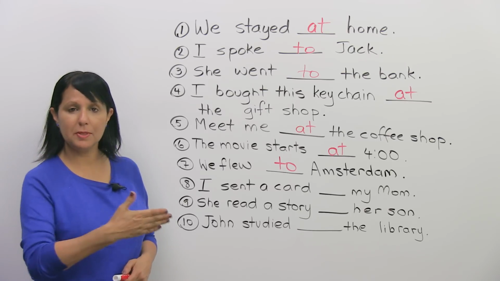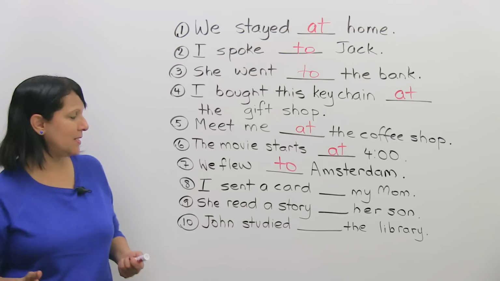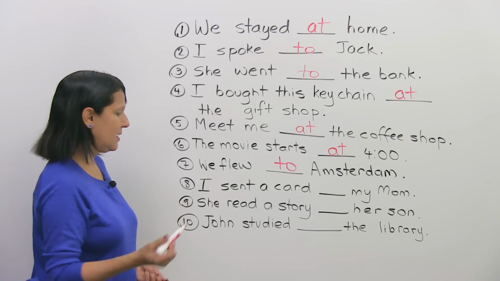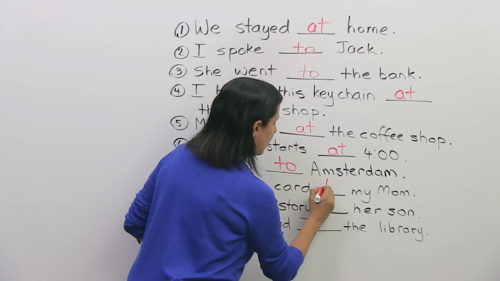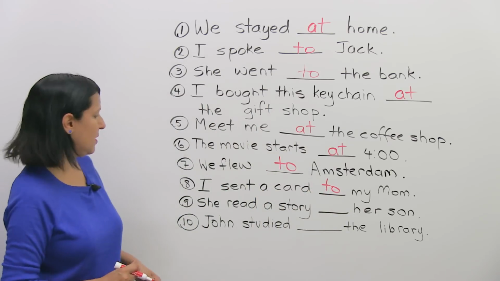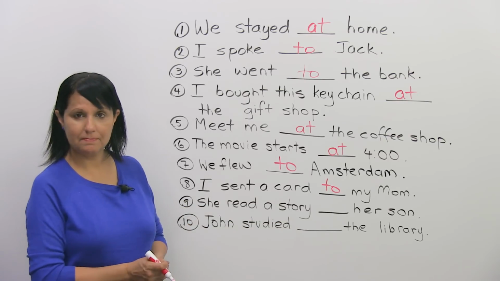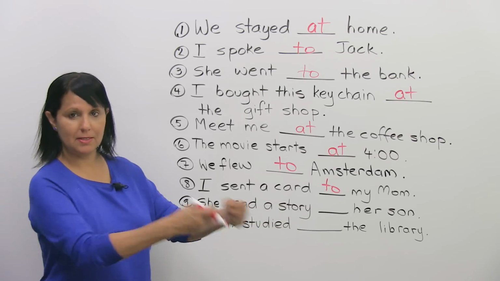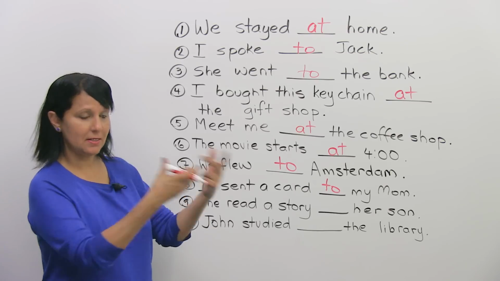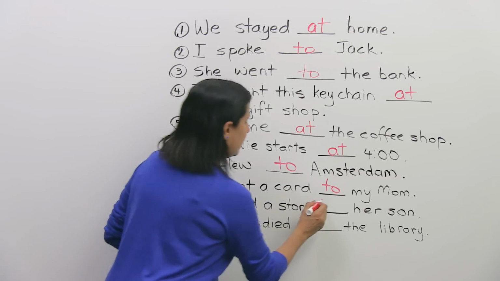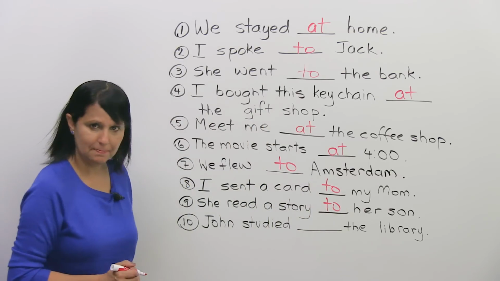I sent a card blank my mom. Sending. Is it movement? Yes. Sending implies movement. So for movement, we have to say, I sent a card to my mom. Okay. She read a story blank her son. When you're reading, the activity is directed towards someone. So she read a story to her son.